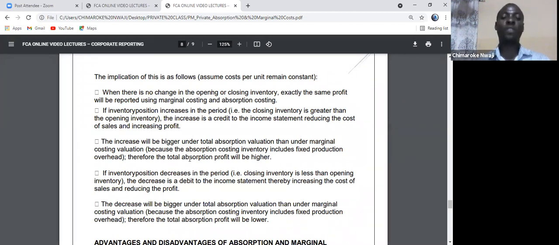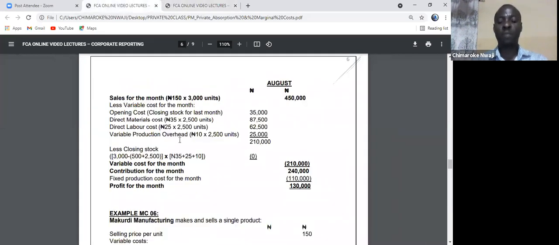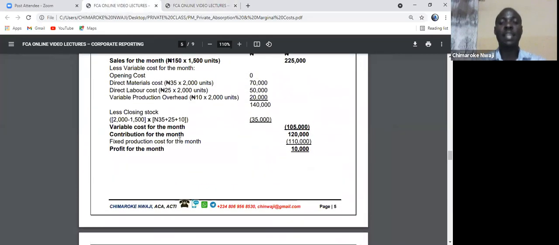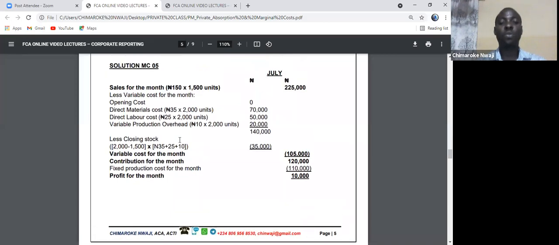When your cost of sales is reduced, your profit will increase. Now, the increase will be bigger under absorption costing than in marginal costing. So let's see how it plays out here in July.